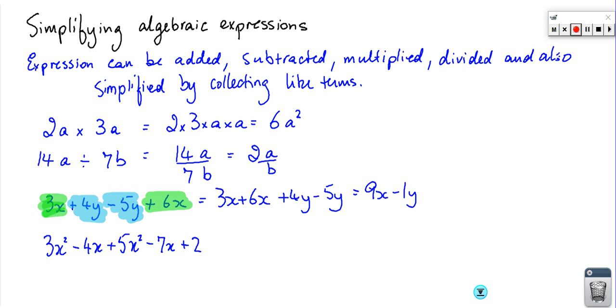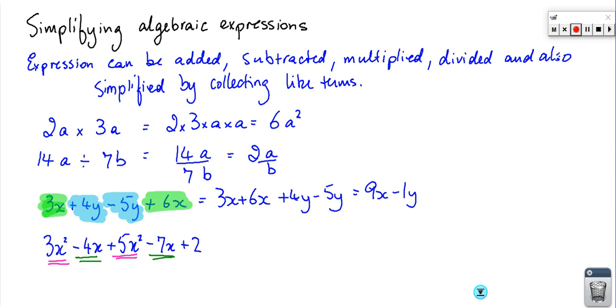So if I consider the like terms, we have 3x squared and plus 5x squared. They are like terms because they are raised to the same power, same variable, same power. Then we have minus 4x and minus 7x, and then there is 2.